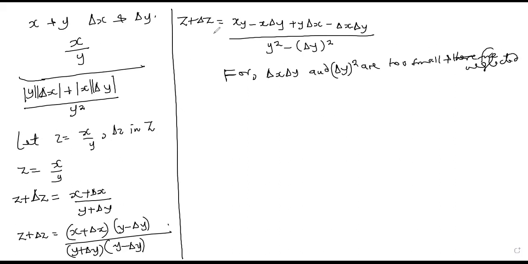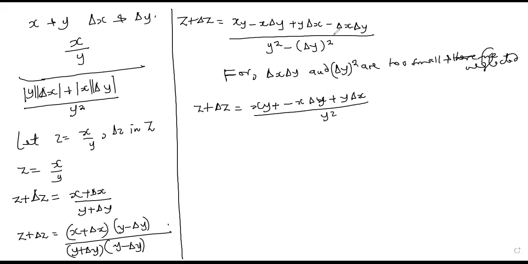If we neglect them, it means that we shall have our Z plus delta Z equal to XY minus X delta Y plus Y delta X, everything out of Y squared.